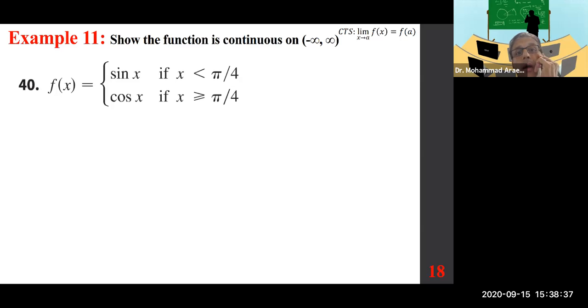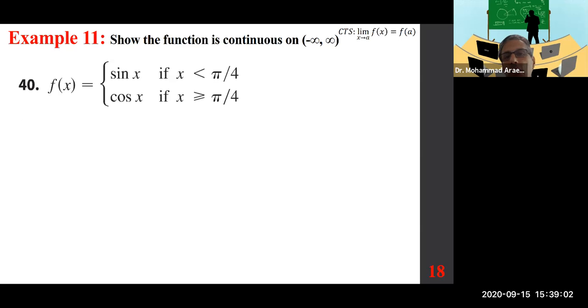All right. We want to show that this function is continuous from negative to positive infinity. Class, this is a piecewise defined function. f of x equals sine x if x is less than pi over 4, and it's cosine x if x is larger than or equal to pi over 4.